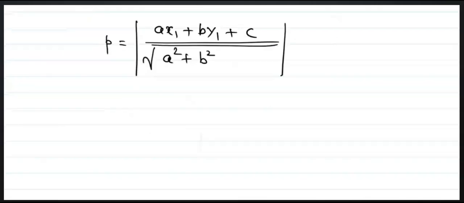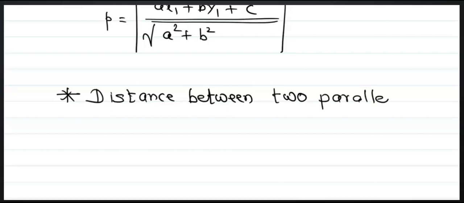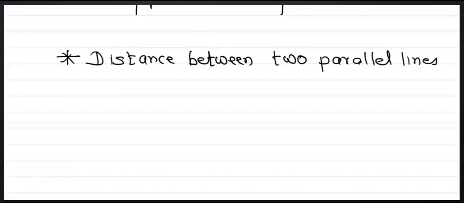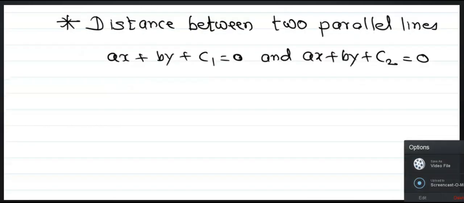Therefore, distance between two parallel lines. The first line is ax plus by plus c1 is equal to 0, and the second line is ax plus by plus c2 is equal to 0. We have two parallel lines.